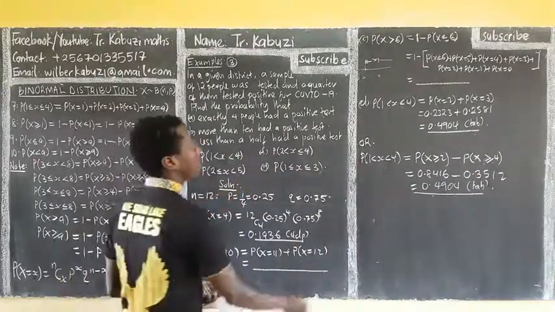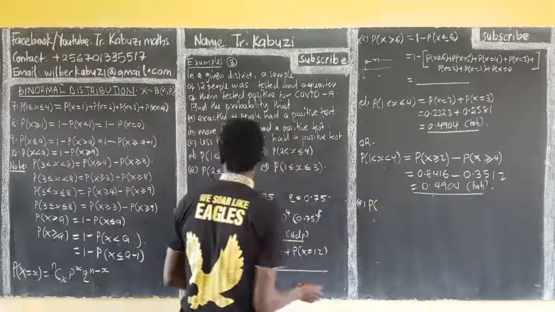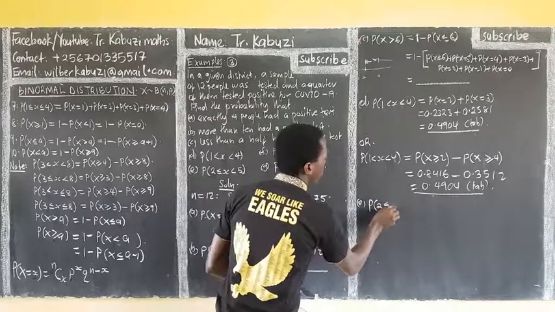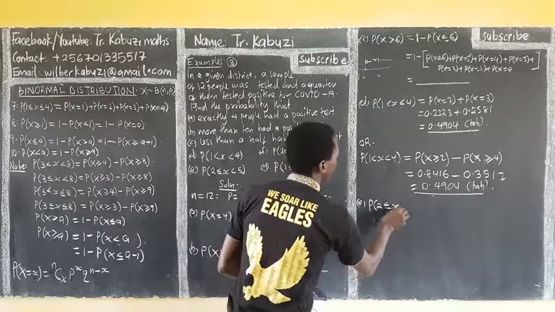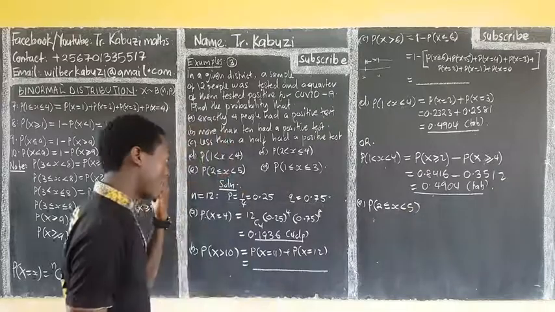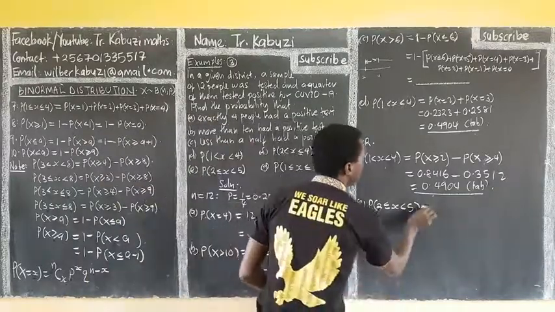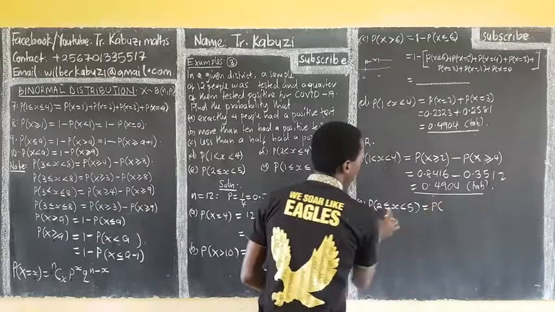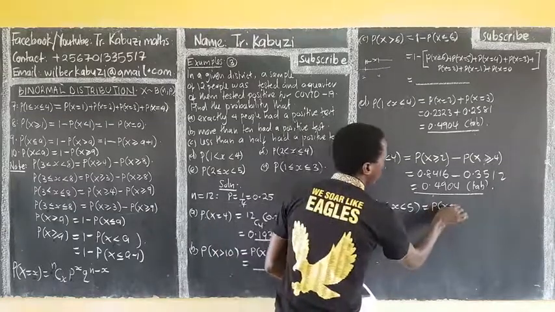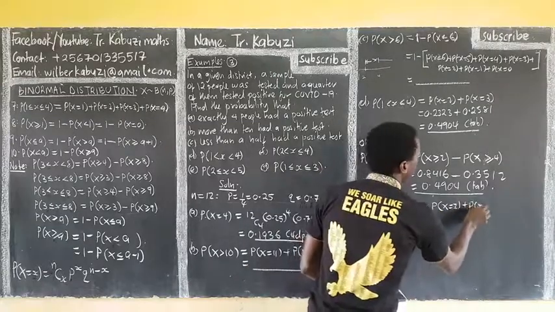So when I come now to part E, we have probability less or equal to 5. Now this one is going to be the probability of x equaling 2, plus x equaling 3.